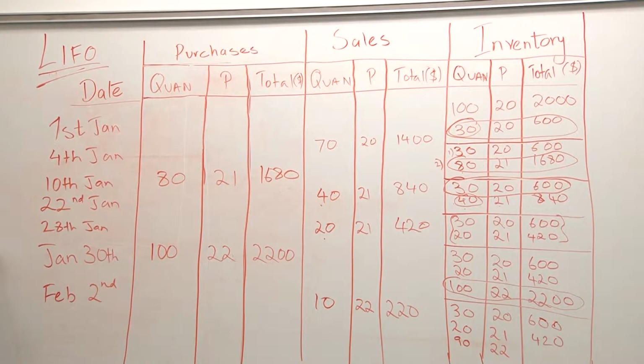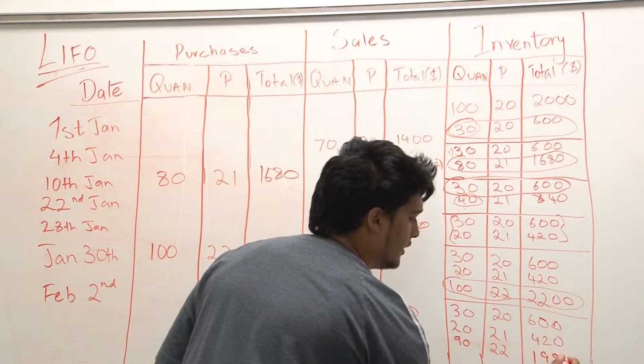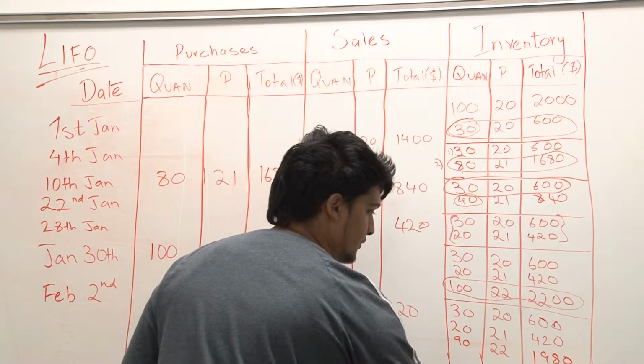Let me do this here. And 8, 0, 18. 1980. 1980. I was mixed up with some calculations.